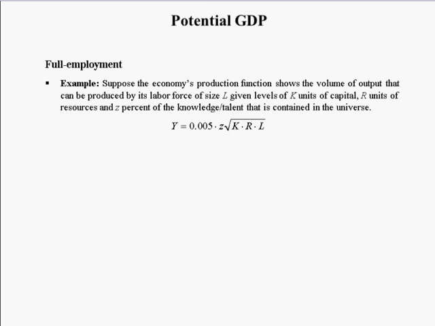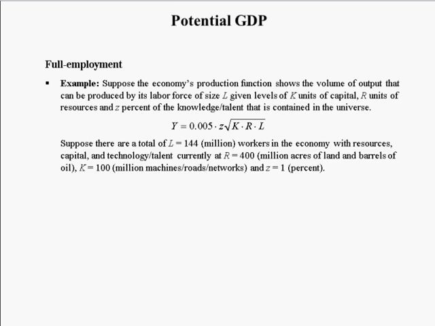When we're talking about L being laborers or number of people employed, that generates real GDP. But when we're talking about the labor force, that determines full employment output. And then K, R, and Z are capital, resources, and knowledge and talent.